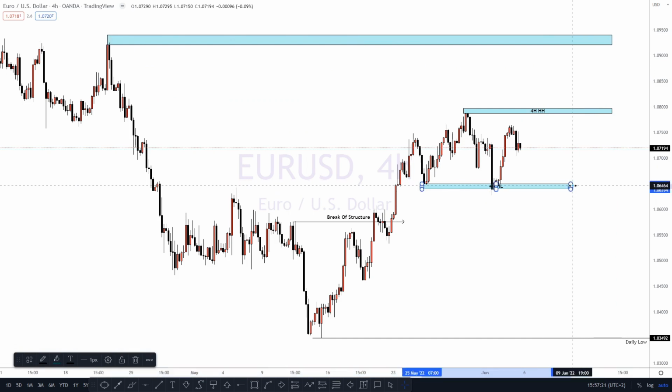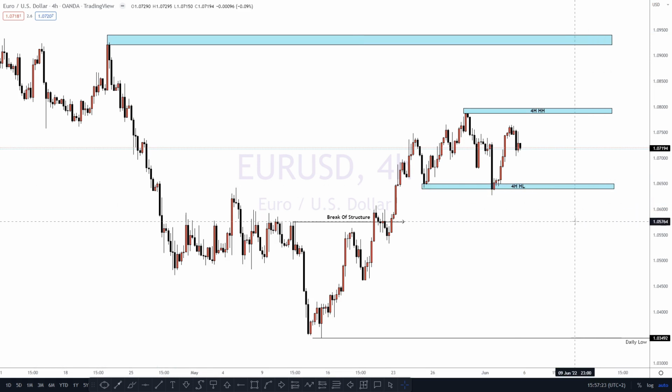You can't just decide that because dollar index is bullish, every USD pair will be bullish, because you need to consider that euro could also be bullish more than dollar. Then we could see price continue to the upside.